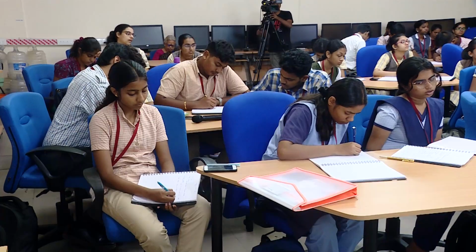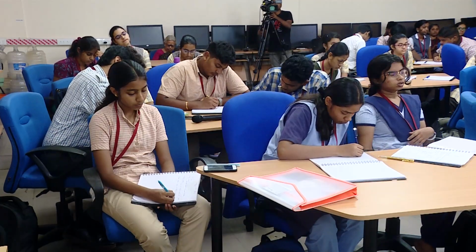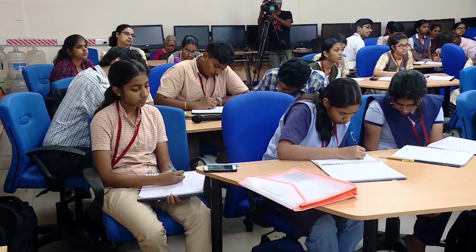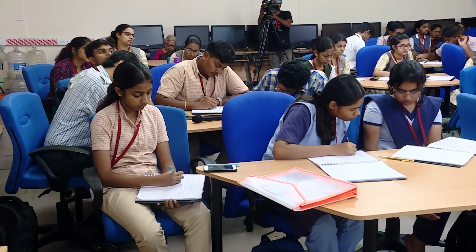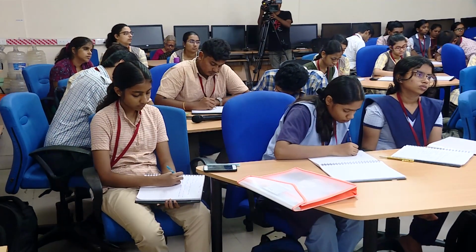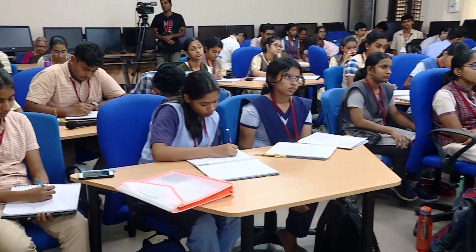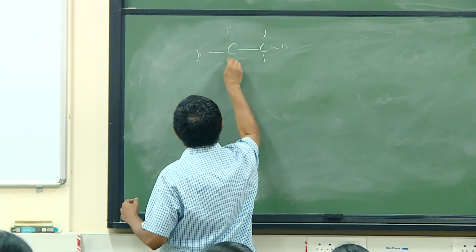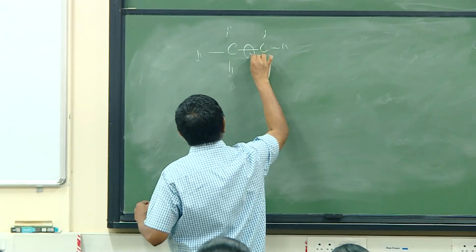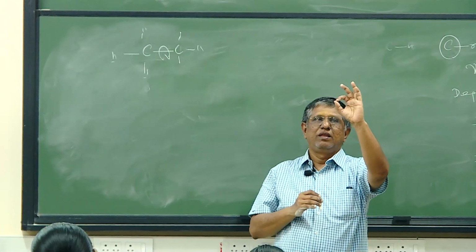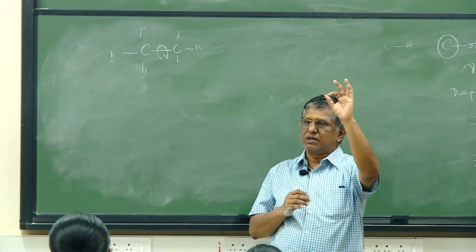Let's take this example. I rotate about the CC bond, and you will get two kinds of structure.